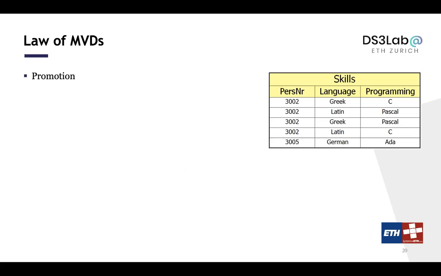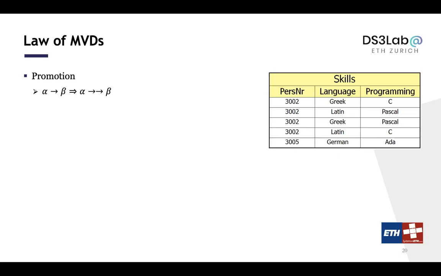And this can become more interesting. If you have a functional dependency, not an MVD, a functional dependency from alpha to beta, it implies that you are going to have a multi-value dependency from alpha to beta. We call this rule promotion. You can promote a functional dependency to an MVD.